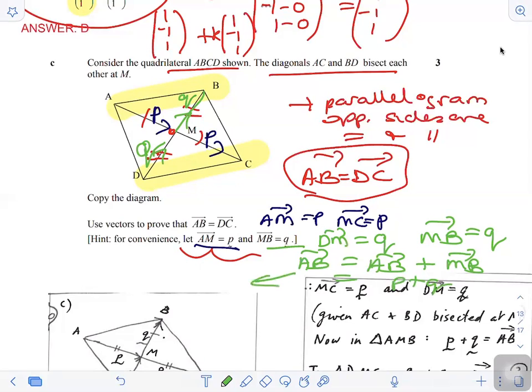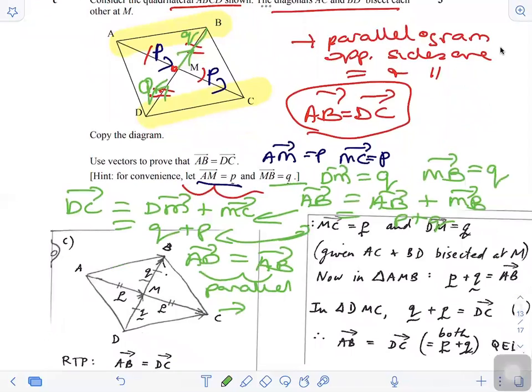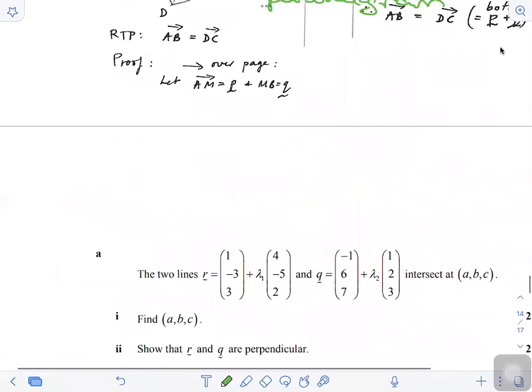And you could do the same for DC: DC equals DM plus MC, which equals q plus p. So these two things are equal. What that's telling you is they are parallel and have the same magnitude. So if you had to say what type of quadrilateral, it's a parallelogram. If DC equals AD, that would make it a rhombus, or if the diagonals meet at right angles, that would also make it a rhombus.